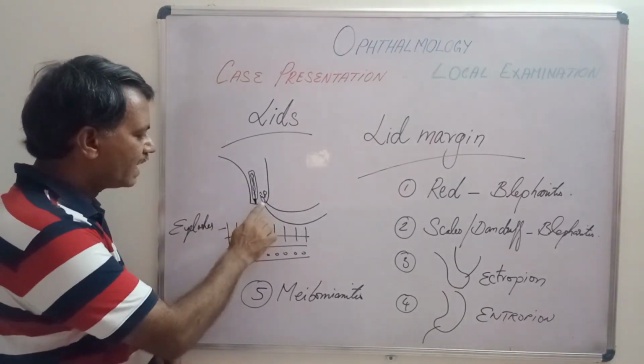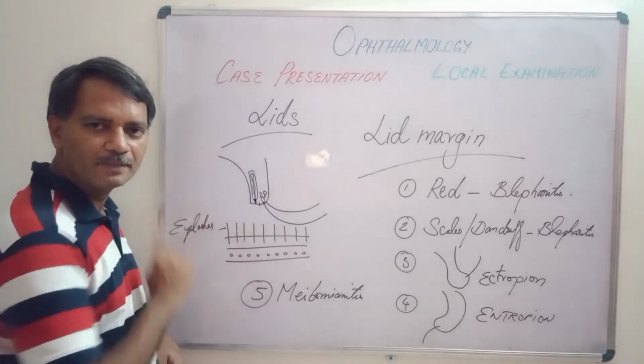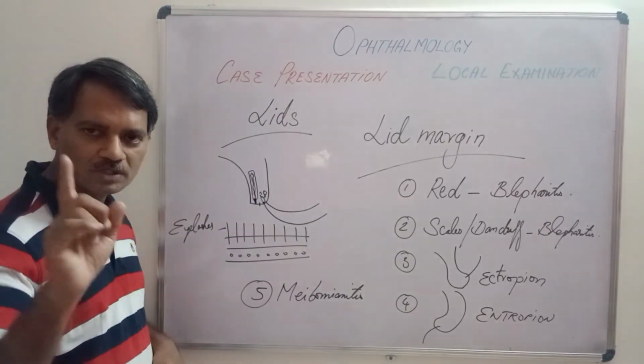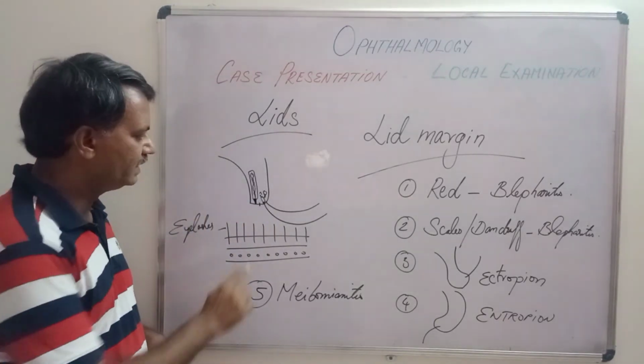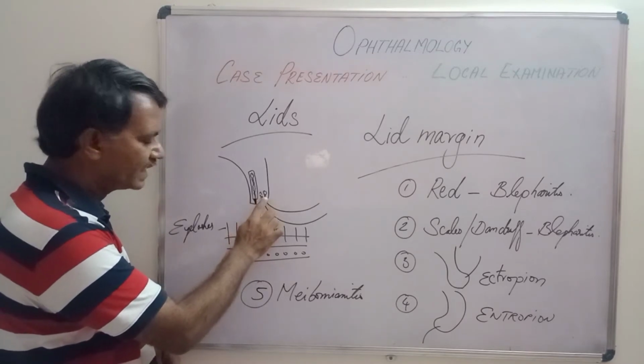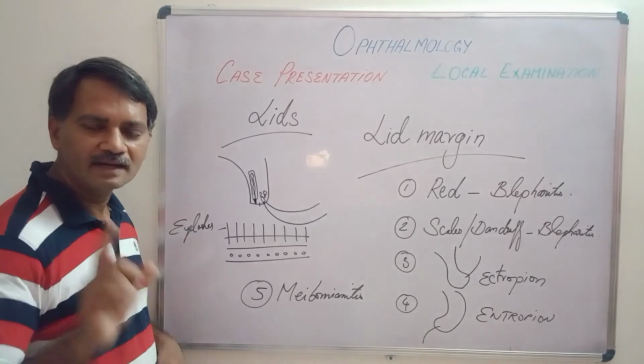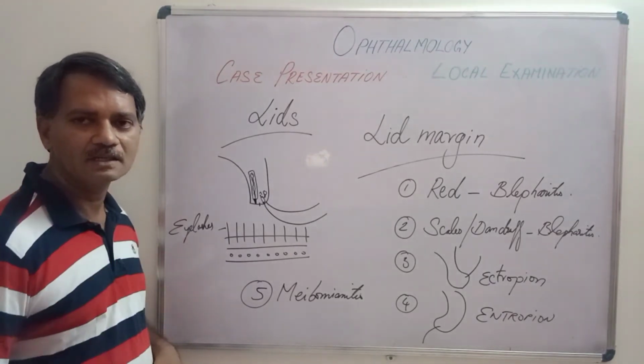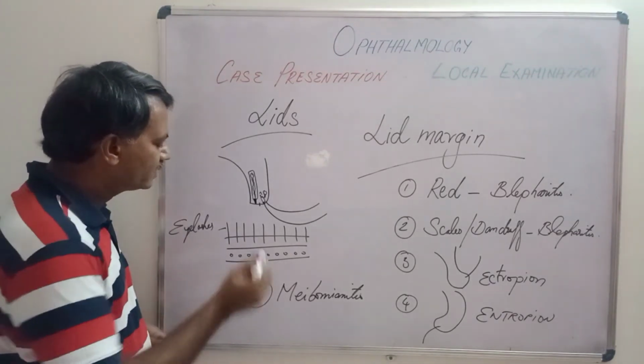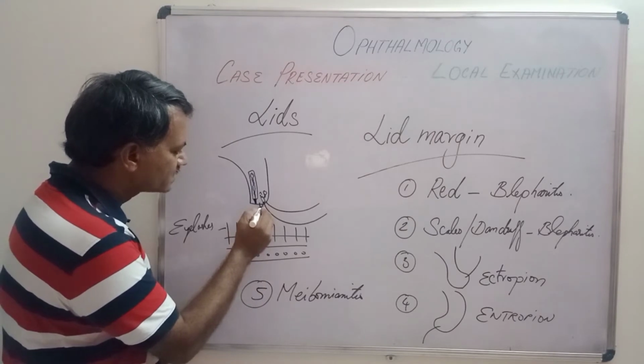If there is an acute suppurative inflammation of the glands of Zeis or Moll in the lid margin, then that is called hordeolum externum or stye, and that will present with a pus point.